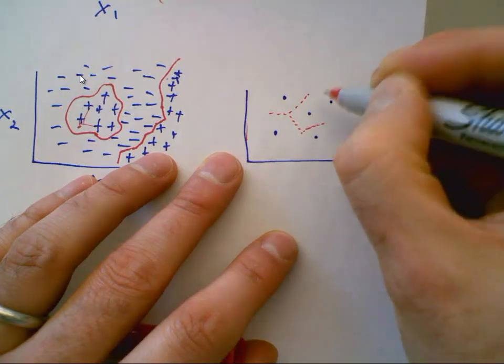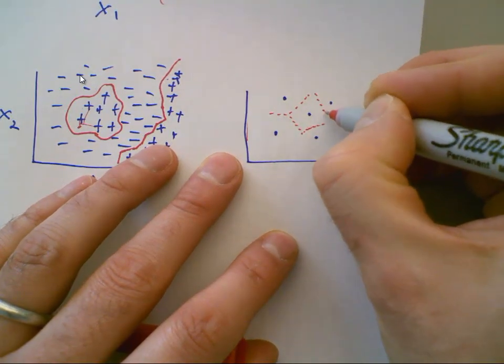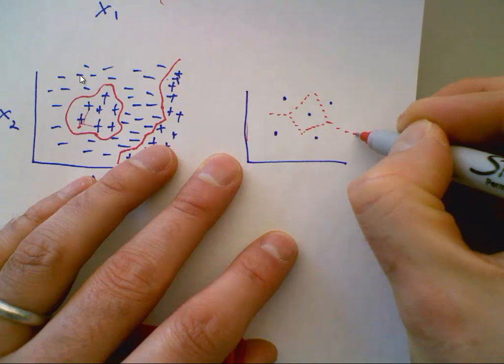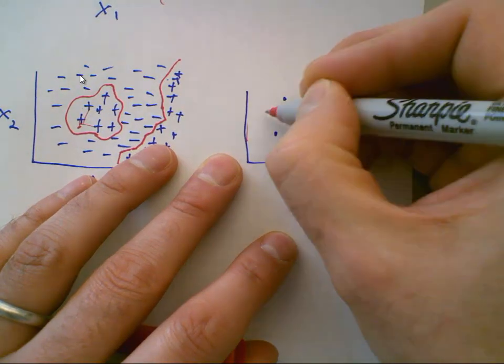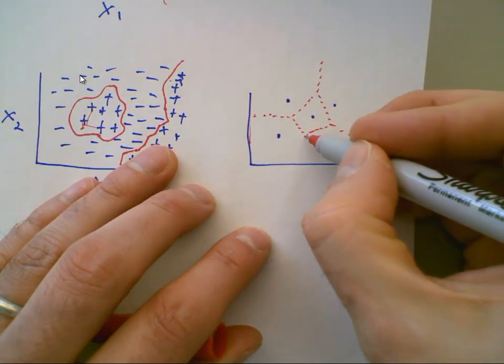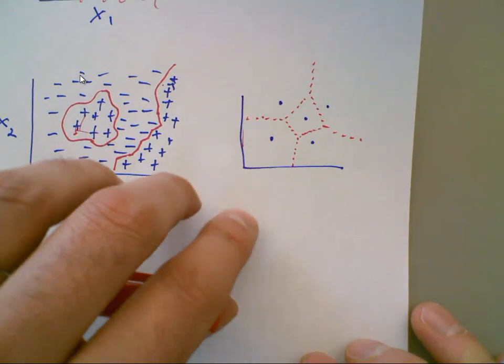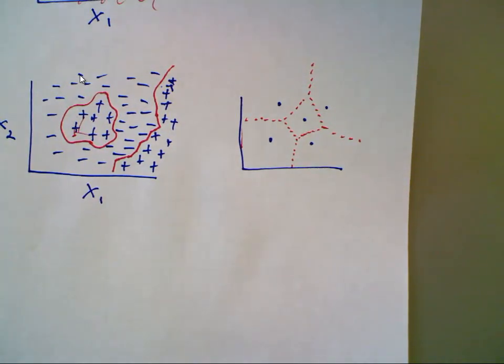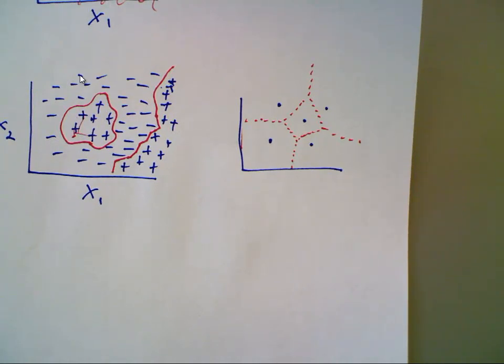If you ever get bored, I highly recommend just sitting around and drawing these things. Exactly. Okay, so that's called a Voronoi diagram, and that's how you can figure out who's closest. The closest example. These are going to be straight lines. It's just all kinds of beautiful stuff happens in here.